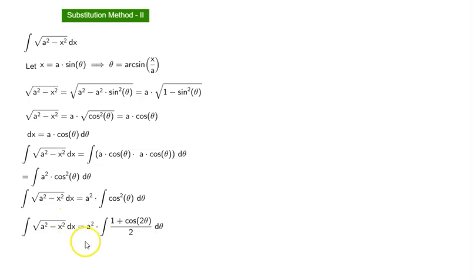Simplifying that, we get a square times integral of 1 plus cos 2 theta by 2. So we are using a trigonometric identity. We have divided by 2, we take it out because it's a constant. So a square by 2 times integral of 1 plus cos 2 theta d theta.